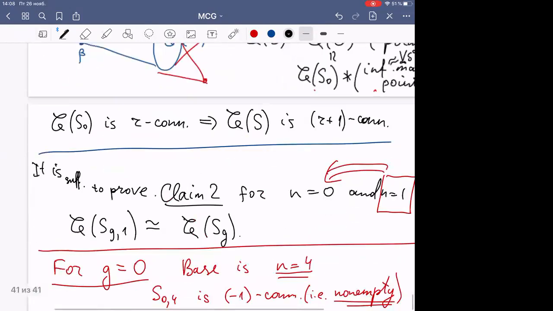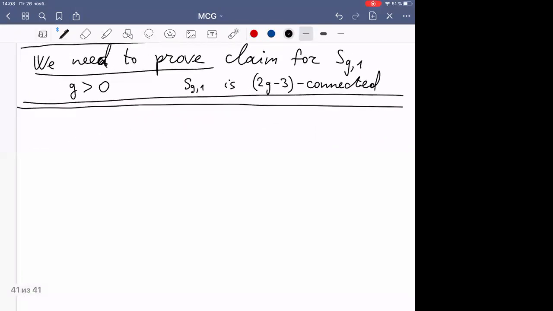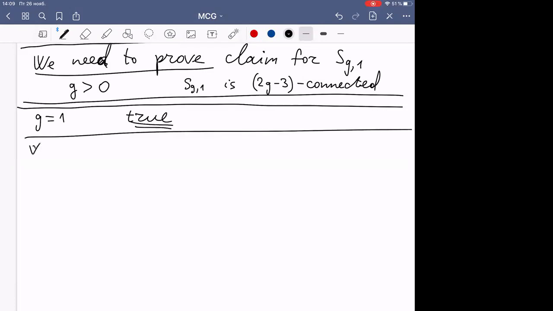So exactly, we would like to prove that it is 2g minus 3 connected. In case g equals 1, it is minus 1 connected, and we need to prove that there is an essential curve on the torus. This is true, so it is true for g equals 1. So to avoid such special cases, we may assume that g is at least 2.